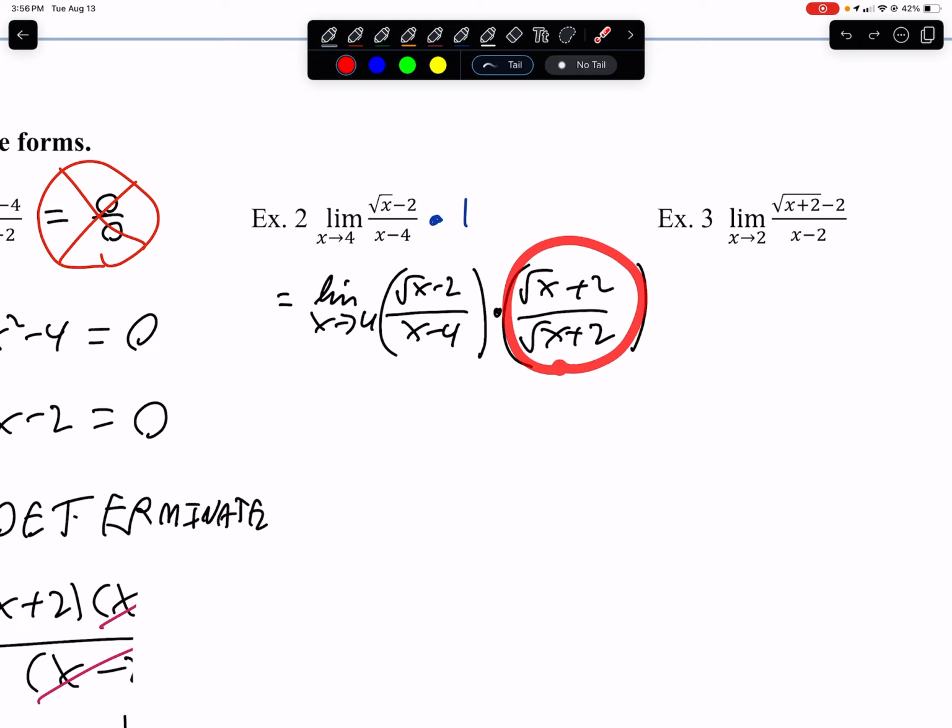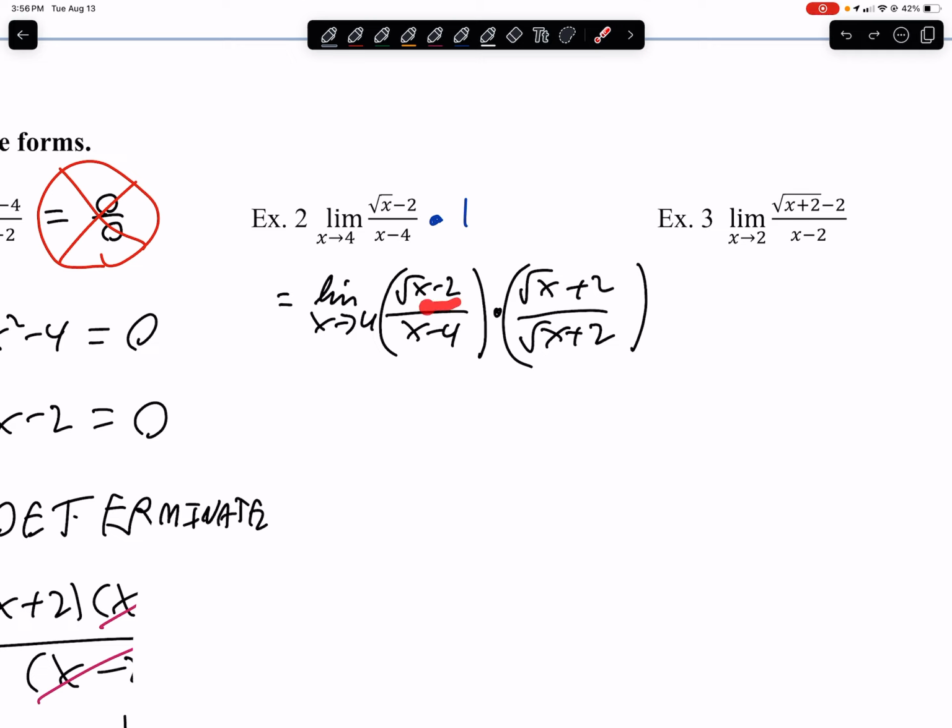But why did I choose this? Because it is the conjugate of that. When you have a square root and you want to get rid of the square roots, you multiply by the conjugate. 1 minus and 1 plus. You'll see why that's so nice. All right. You multiply the first ones, you get x. I should do this with color coding.